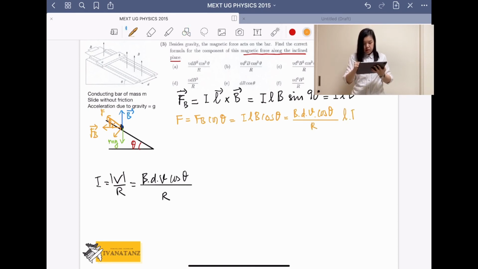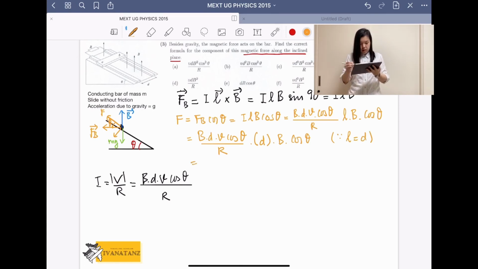Then we have L B cosine theta. By the way, the L here is actually just the length of the bar, so L is actually D. Let's put it into the equation: B dV cosine theta over R, times B cosine theta, where L equals D. So now we get the answer.